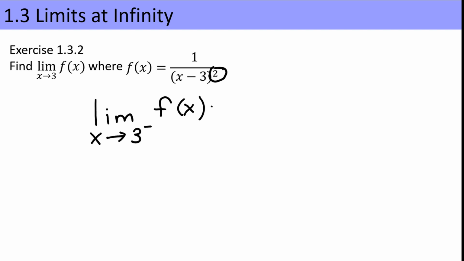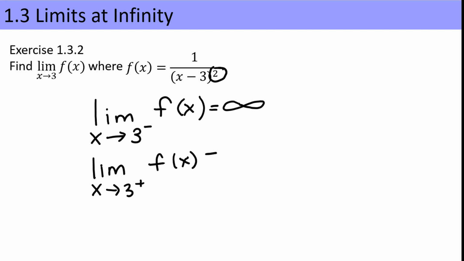In the previous example, it approached negative infinity, but in this example, it approaches positive infinity because we squared it. And the limit as x approaches 3 from the right of f of x, there's no change. Well, the increase is a little bit faster, but it will remain positive.